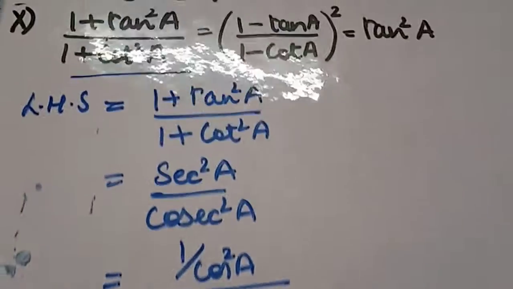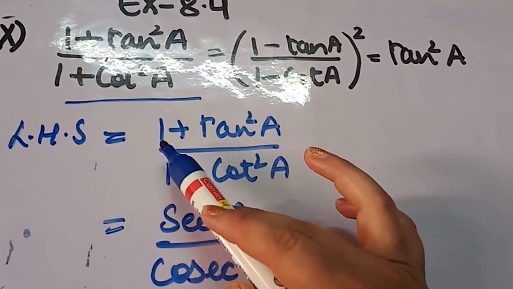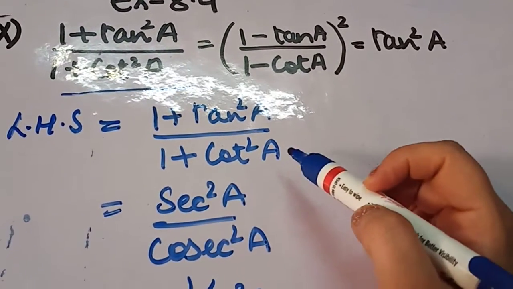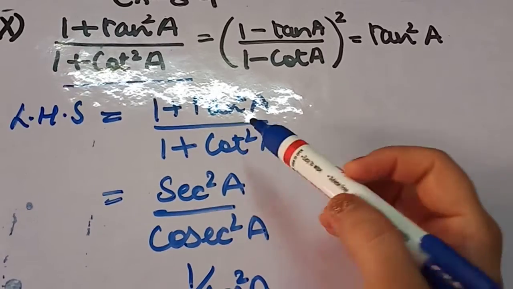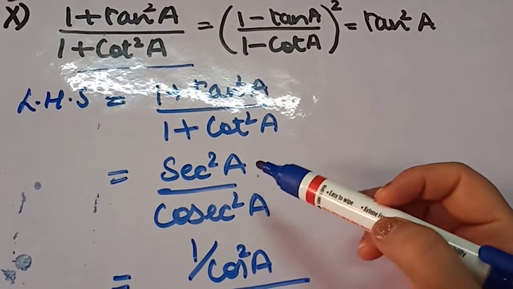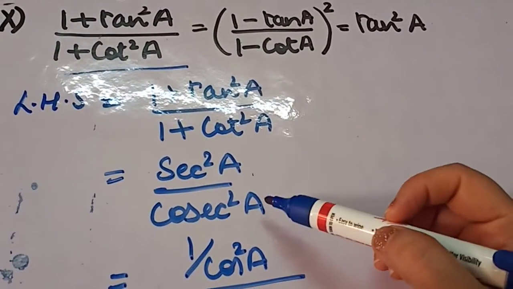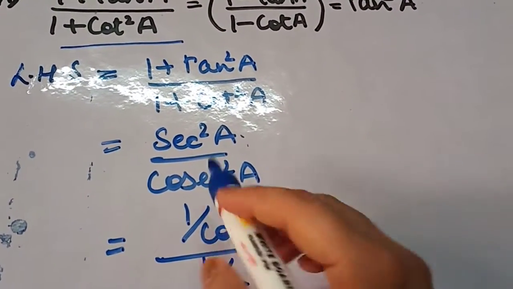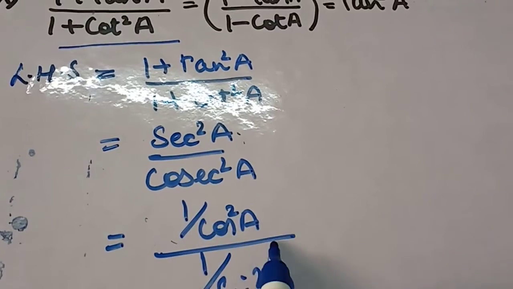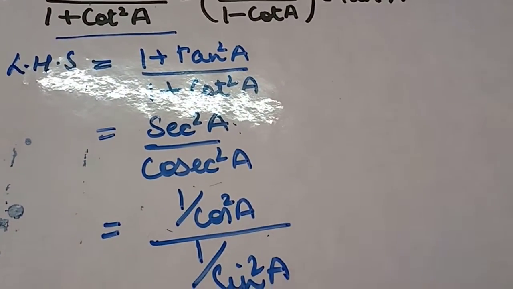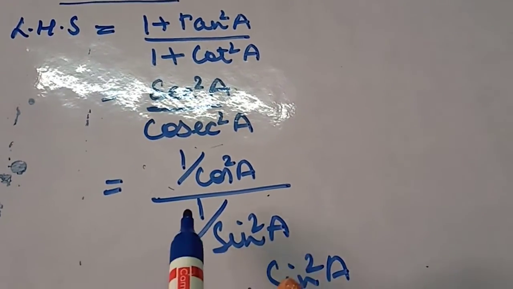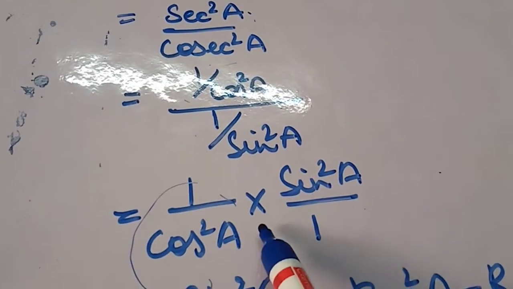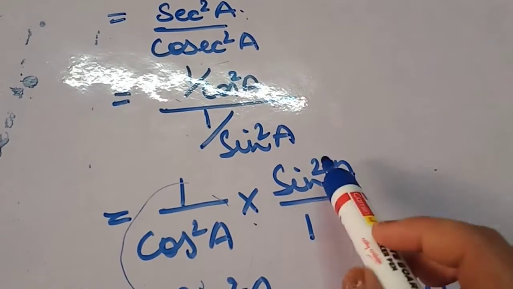I will explain again. This is 1 plus tan square A upon 1 plus cot square A, and 1 plus tan square A is equal to secant square A, and 1 plus cot square A is equal to cosecant square A. Secant is equal to 1 upon cos, so we can write it as 1 upon cos square A, and cosecant is equal to 1 upon sine, so we write it as 1 upon sine square A. Now this is the numerator multiplied by the denominator.